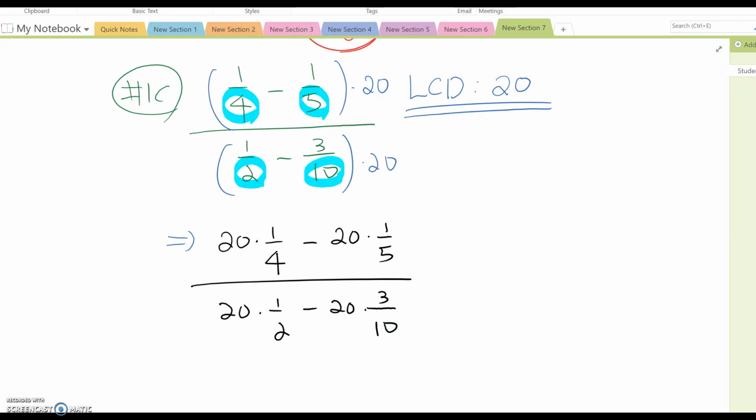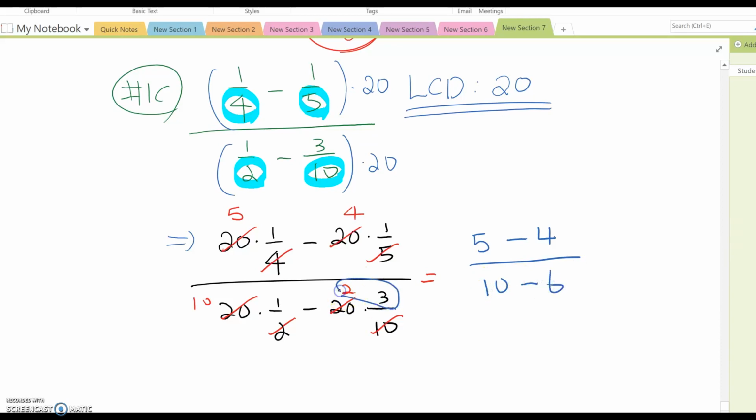Simplify each fraction, then this is going to be 5, this is going to be 4, this is going to be 10, this is going to be 2. Then you simplify, so this is going to be 5 minus 4 over 10 minus 6, because 2 times 3, which means 1 over 4. That will be the answer.